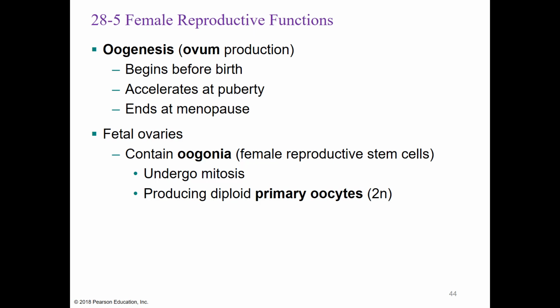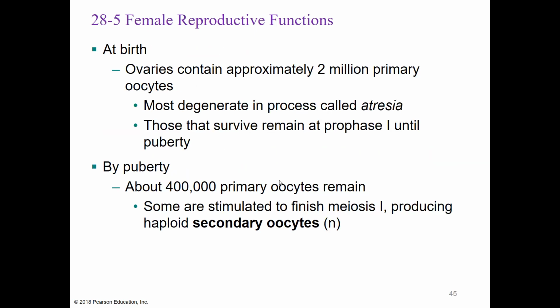So we start there, but we need to whittle that down to 23, or half the human complement, so that when the egg meets the sperm, together they make 46.